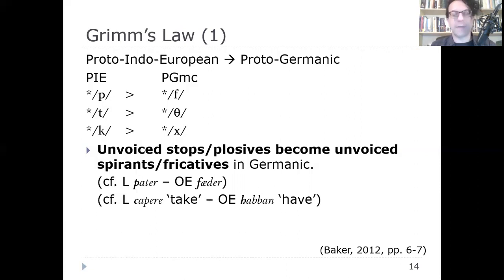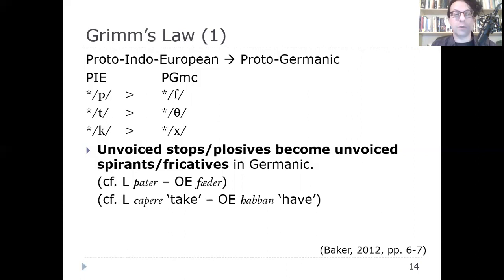And this seems to have happened very systematically and regardless of the context. So every P, wherever it was in a word, whether at the beginning of a word or at the end of a word or in the middle of a word or in front of a stress or following a stress or whatever, every P shows up as an F in Germanic languages.